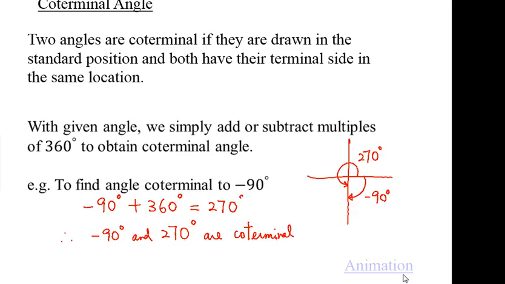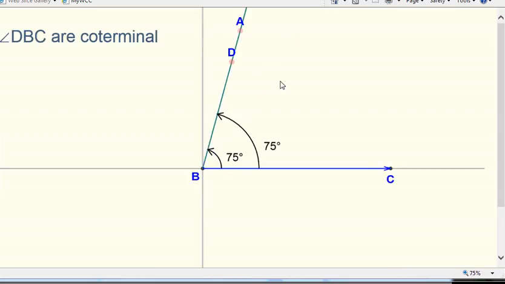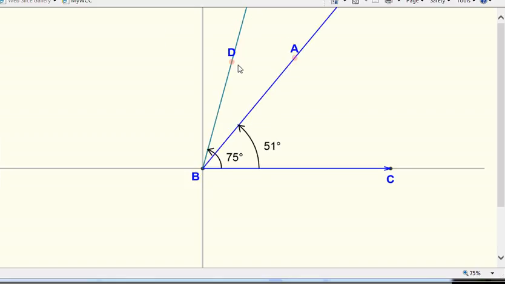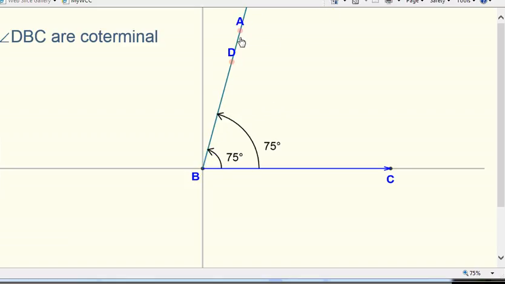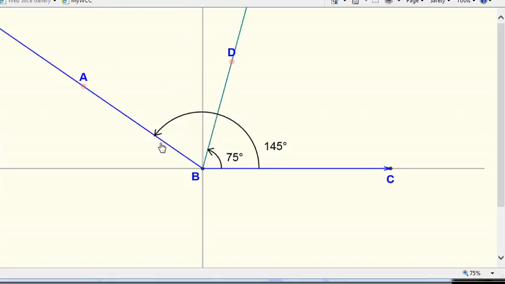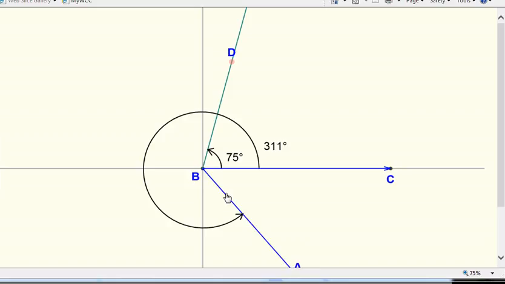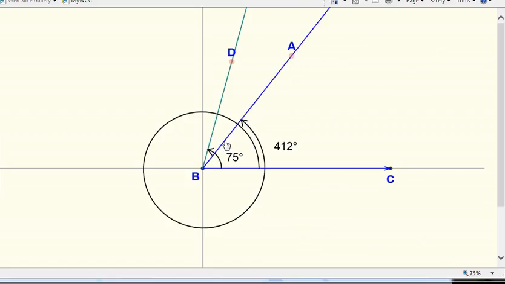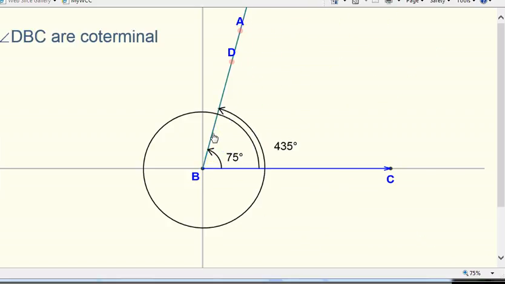So now let's take a look at another animation. Let's say we got the angle here. This is 75 degree. And then I continue one full rotation, go like that. Ding. So these two angles are coterminal.